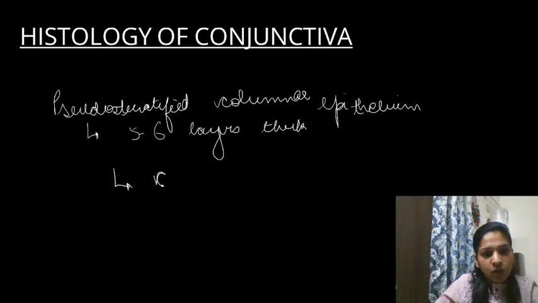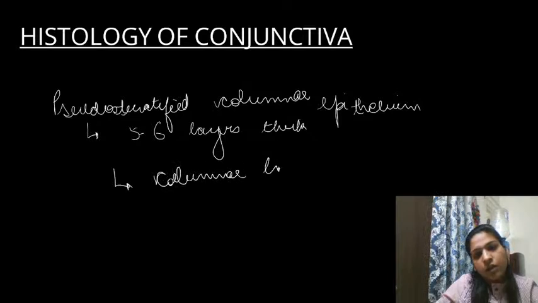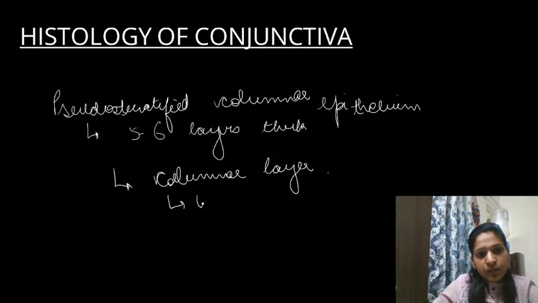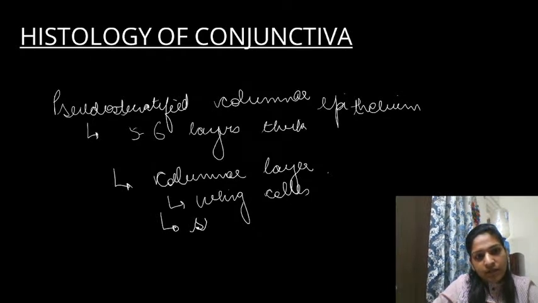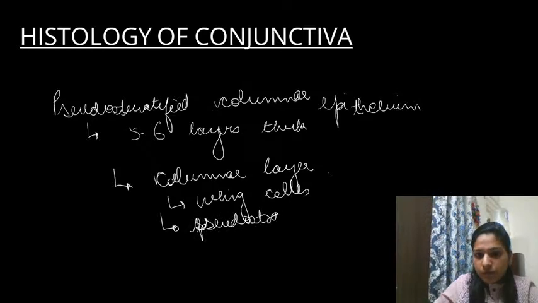Base is formed by the columnar epithelium, and above the columnar epithelium lie wing cells. Okay, and on the top of wing cells there is pseudo-stratified epithelium. Fine.